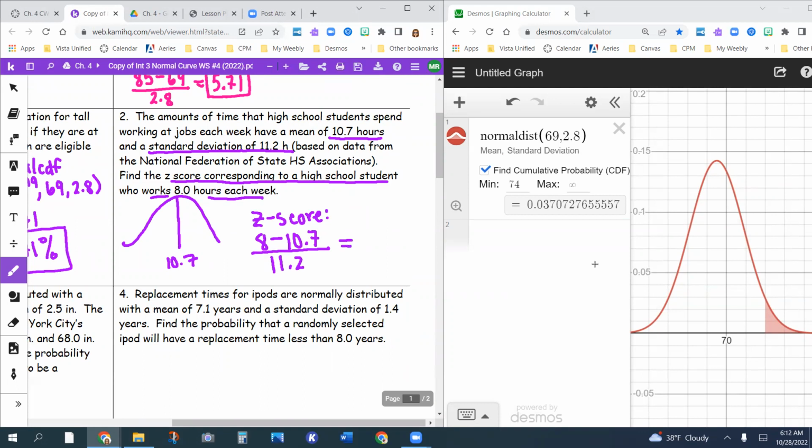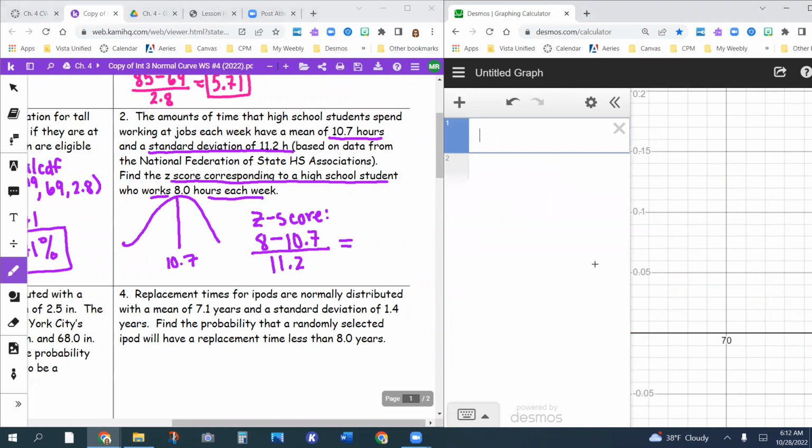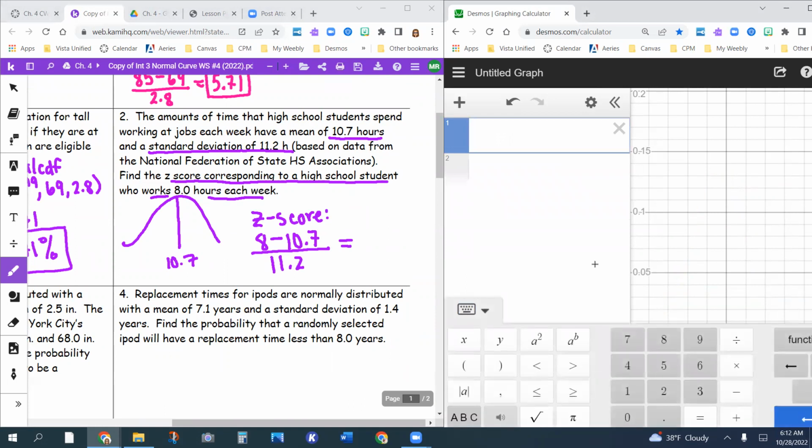And let's see what I get. Okay, so I'm going to clear that. So I'm going to put my division here. Okay, 8 minus 10.7 over 11.2 gives me a negative 0.24 for our z-score.